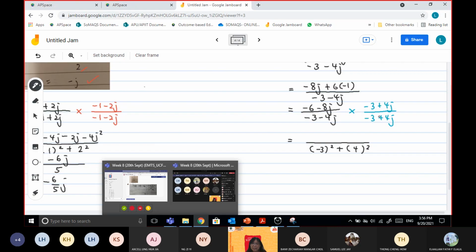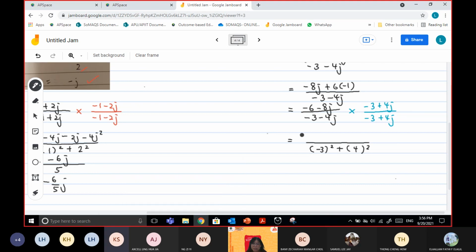Then we expand the top. Kritakon, expand the top. 18, minus 24j, plus 24j, minus 32j squared.